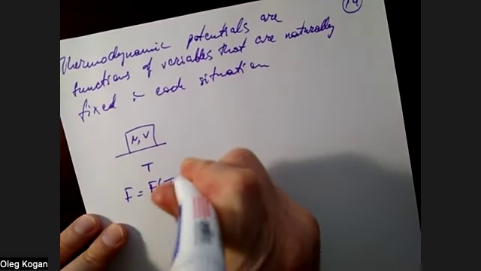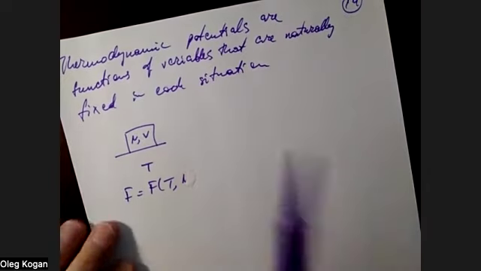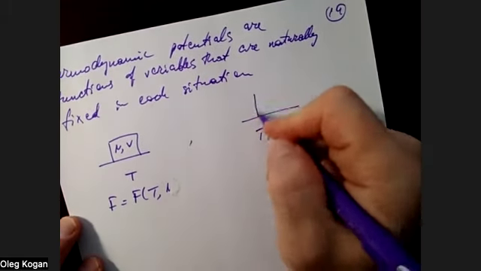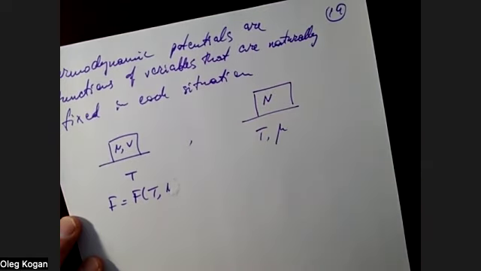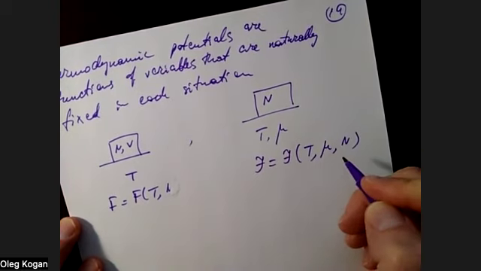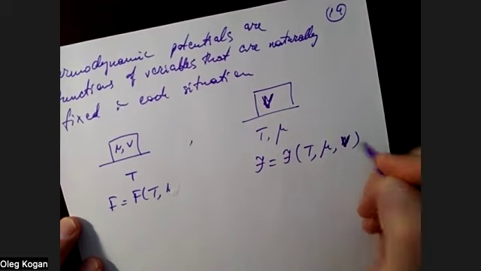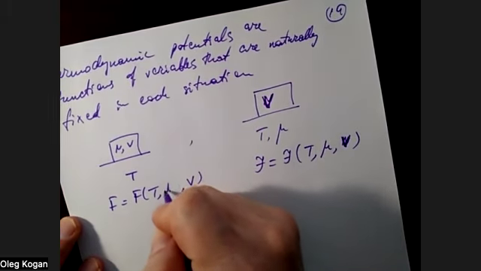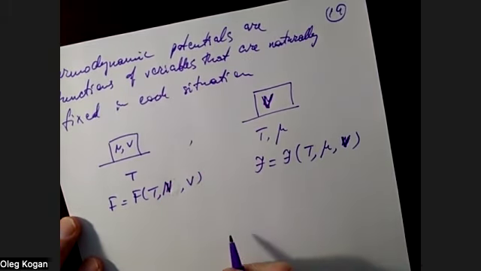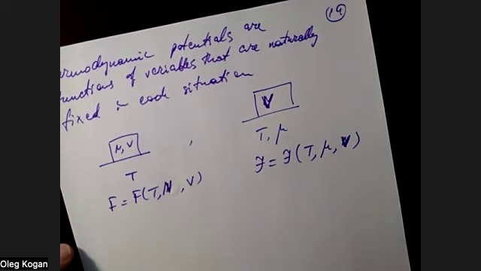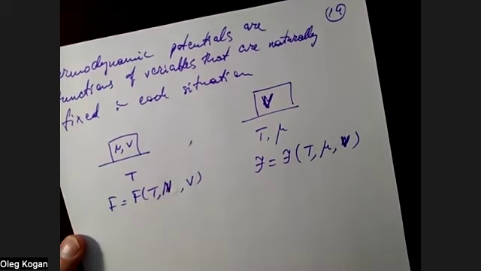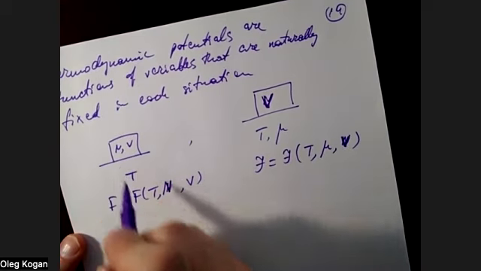And if you have a grand canonical bath, that's the bath's property of temperature and chemical potential, then N is not fixed, and the grand canonical potential is a function of T, mu and V. And the temperature of the system can fluctuate, but the temperature of the bath is fixed.